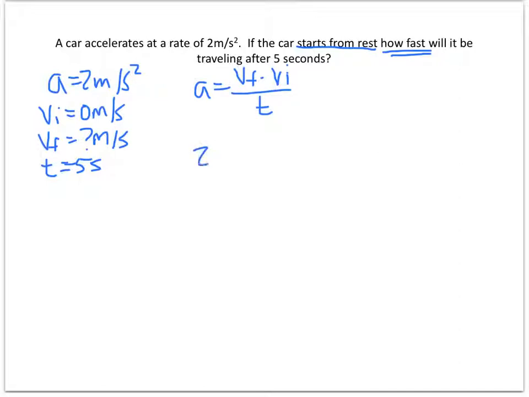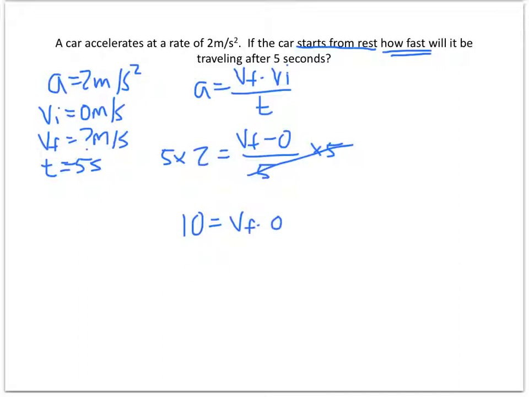So 2 equals final velocity minus 0 over 5. Now I multiply both sides by 5. That will cancel out this 5. And I have 10 equals VF minus 0, or VF equals 10 meters per second.